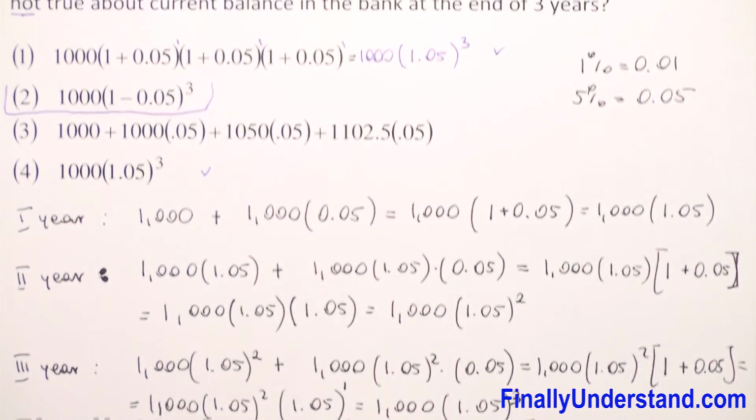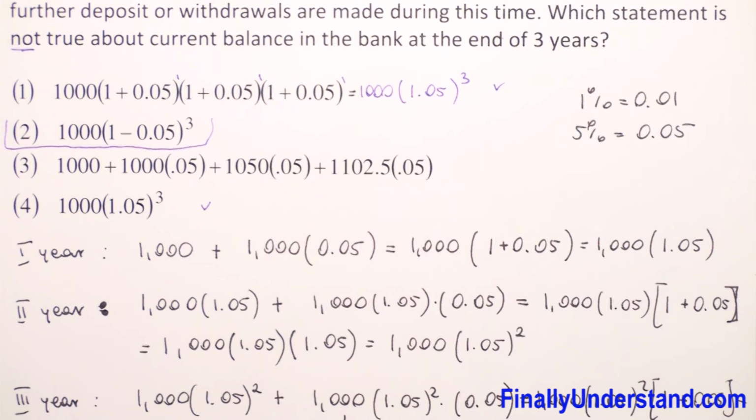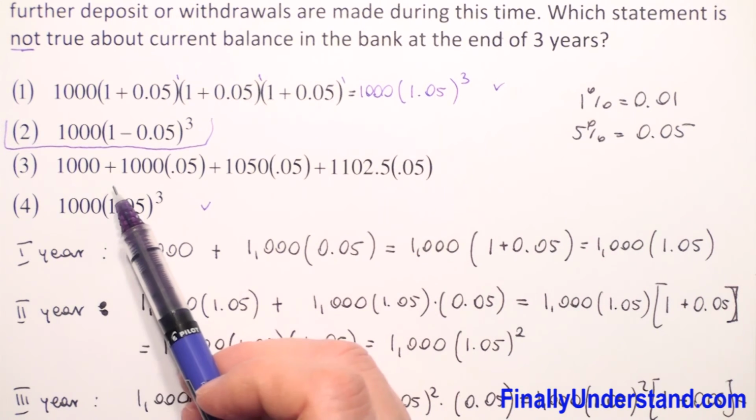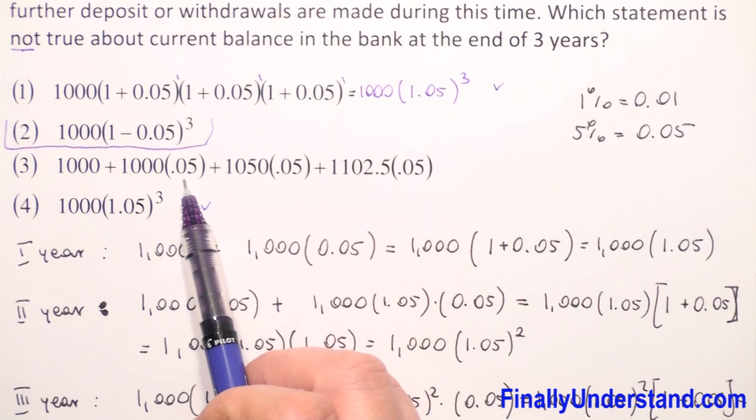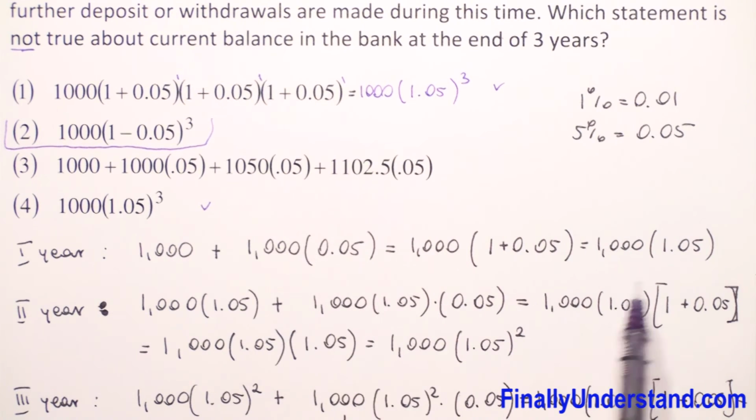And the third, C. We have 1,000 plus 1,000 times 5%. This is exactly what we have at the end of the first year.